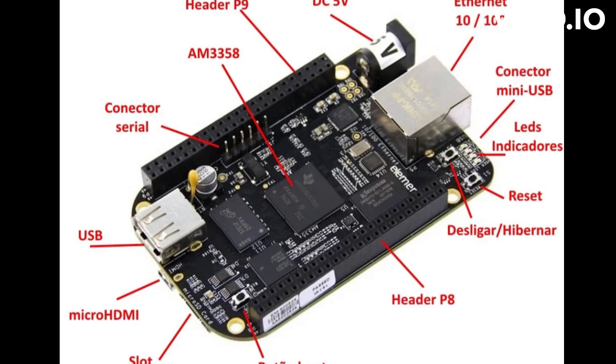2. Visual Studio Code. Visual Studio Code is a popular free and open-source code editor that can be used to write and debug code for BeagleBone. It supports a wide range of programming languages and offers a variety of extensions and plugins for BeagleBone development. 3. Eclipse.